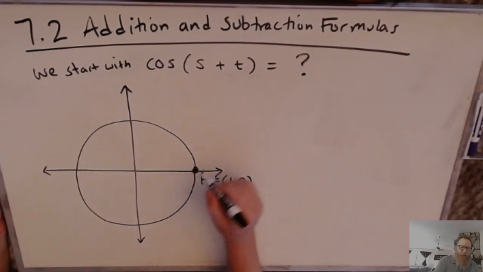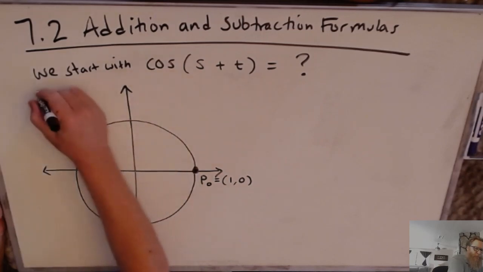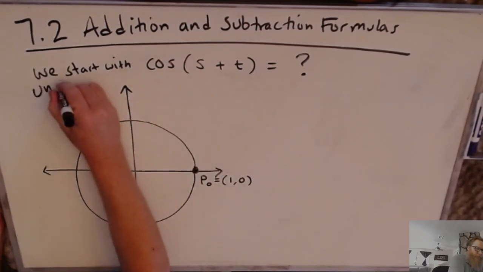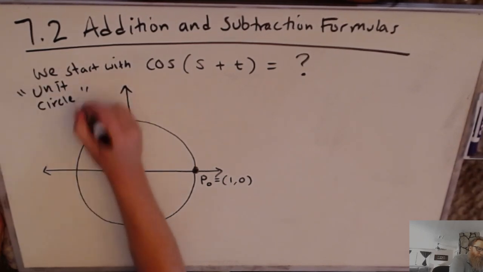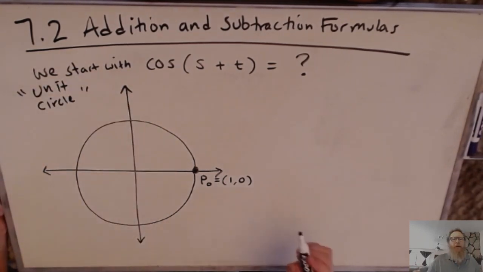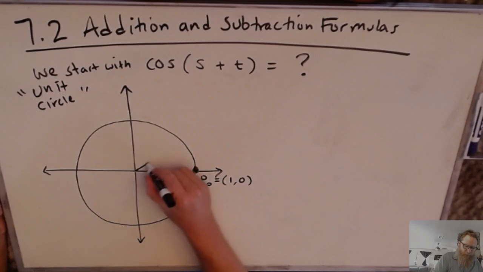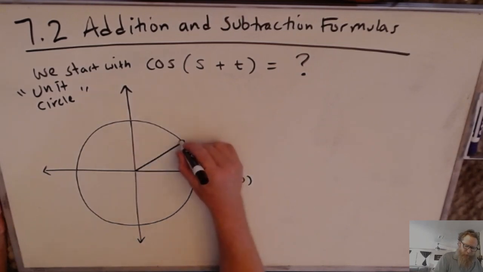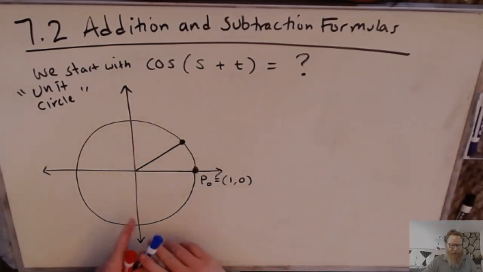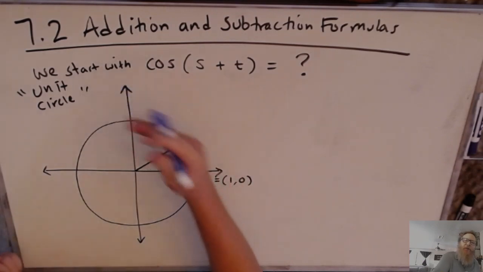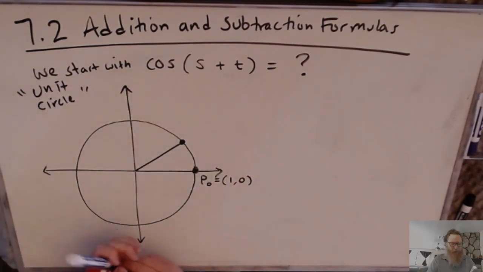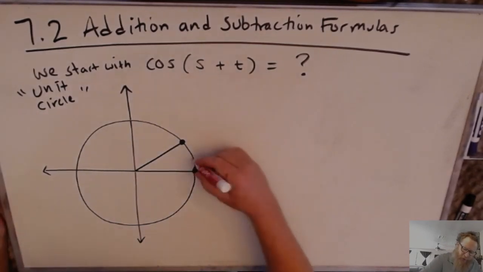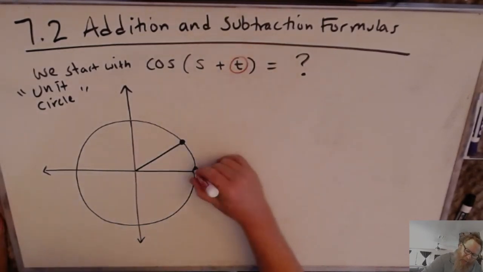This is the point on the unit circle. Okay, and remember, it's been a while since you did trigonometry. Positive angles go counterclockwise. Negative angles go clockwise.